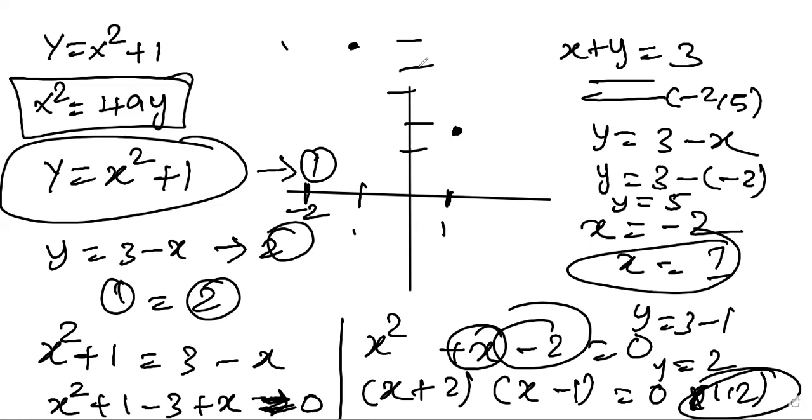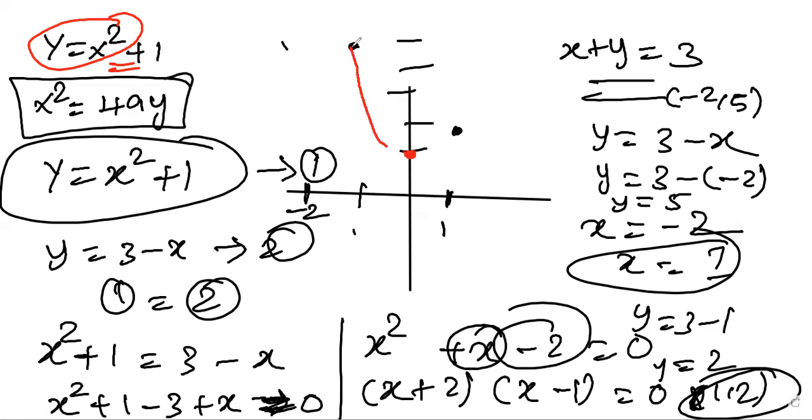Okay, ma'am. So the equation is y is equal to x square plus 1. Y is equal to x square means you will draw the parabola like this, right? It will maintain a contact over the origin. Plus 1 means you just have to shift one value.